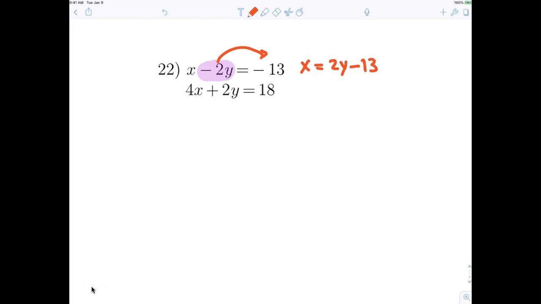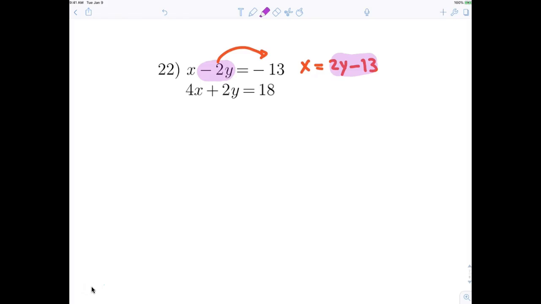So I want you to say x equals 2y minus 13. Does everybody see that? It's got to be a substitution. In order to set it up as a substitution, you've got to make it x equals. Now, wherever you see an x, you can put 2y minus 13. So everybody do that real quick.